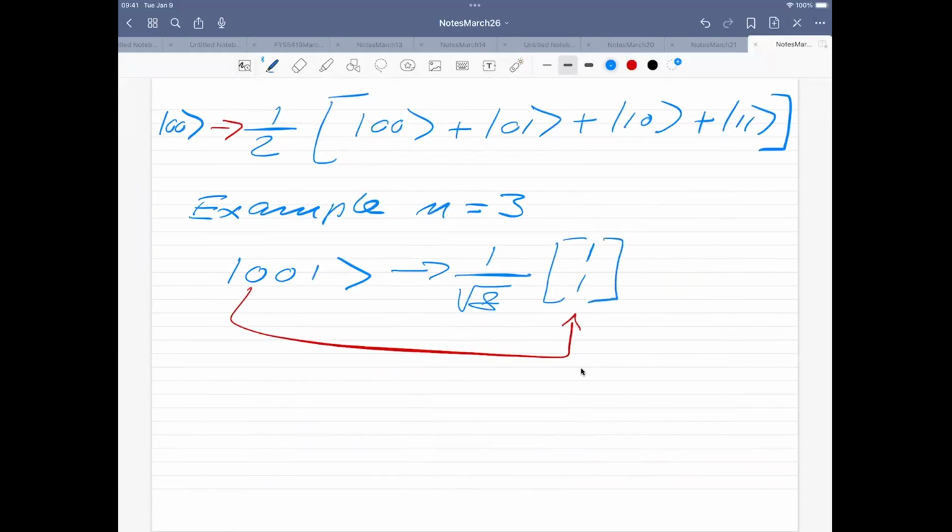But then the next one is going now to contain an exponential. So I will have a tensor product of 1. And then the next piece is going to be given by e of I of 2 pi divided by 2. And finally, I have the last tensor product, which now contains 1 and e of I of 2 pi divided by 4.